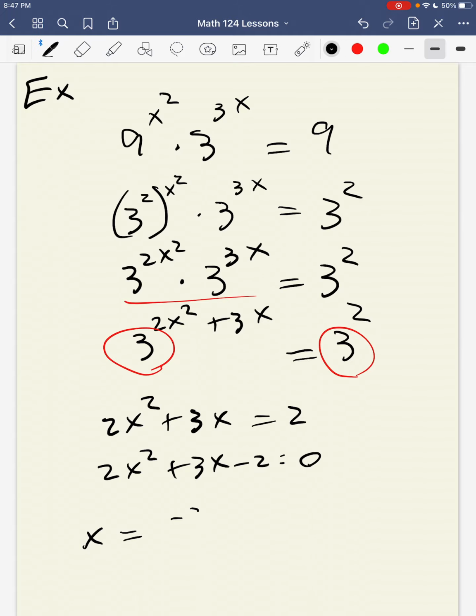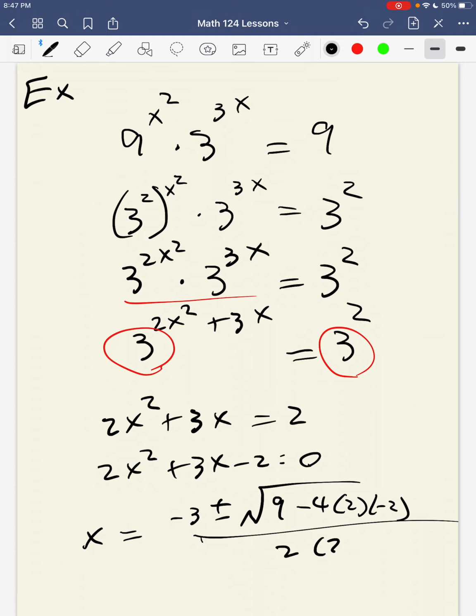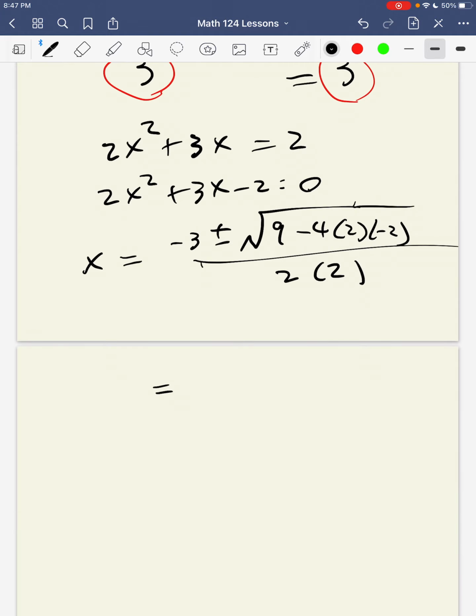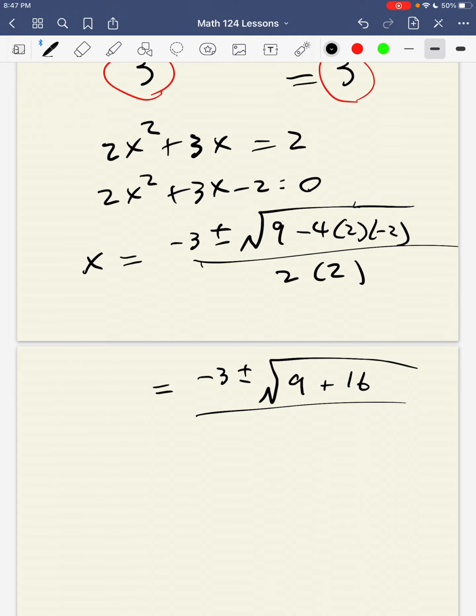So we have negative 3 plus or minus the square root of 3 squared minus 4 times 2 times negative 2, all over 2 times 2. So negative 3 plus or minus the square root of 9 plus 16, all over 4.